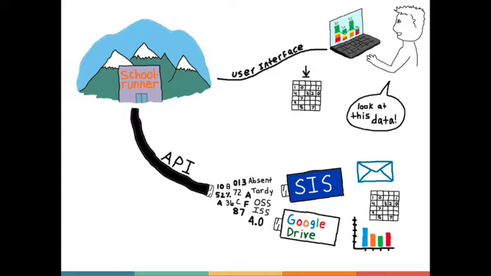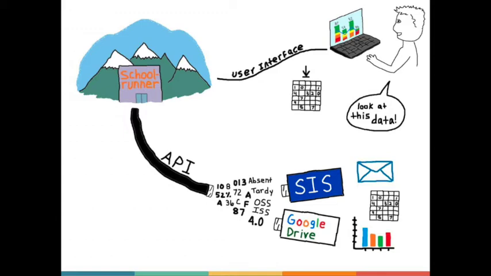The API is a little bit different. I think of it sort of like a fire hose in terms of the amount of data and the type of data that you can access through the API. So I have that represented here with the fire hose, and I want you to notice I drew this little nozzle at the end of it, which symbolizes how you can connect an API to other systems.